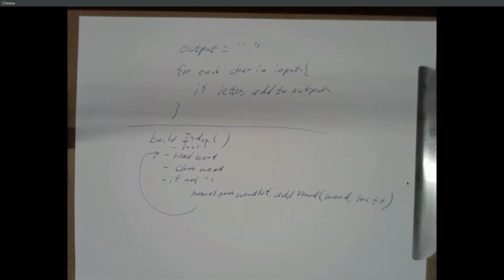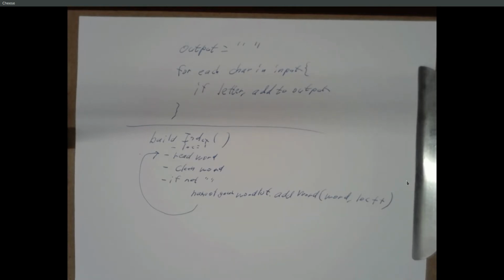To create a cleaned up version of word, which is called output. And then use that variable dot equals, quote, quote, to see if it's empty, or check its length to see if it's 0. And if it's not empty, then whatever the name of your word list is, you just call add word, give it the word, give it the location, increment the location. And that's the whole build index.